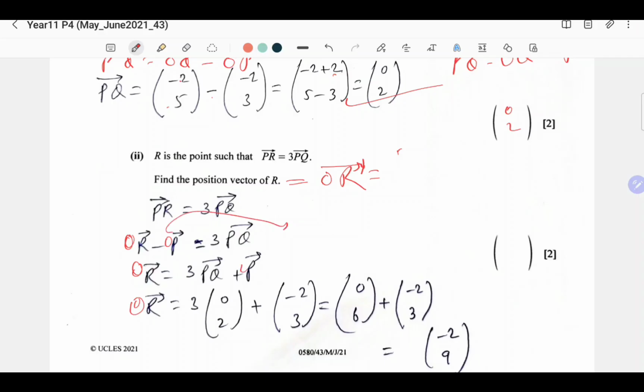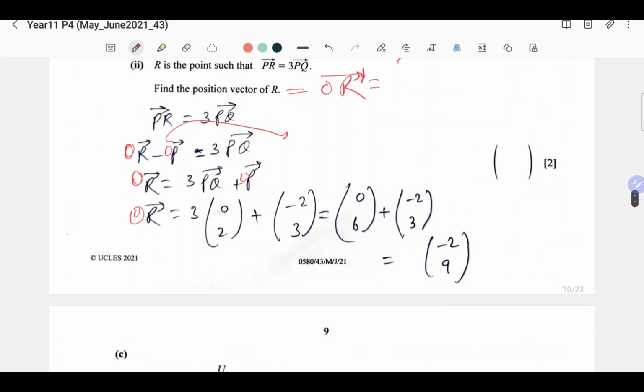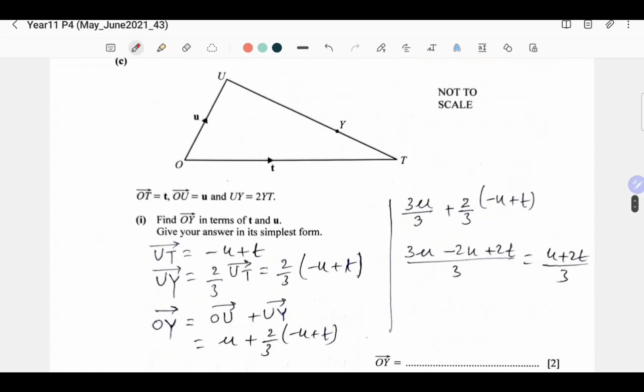OP you can take to that side, so OR equals 3PQ plus OP. Now 3PQ we already found, (0, 2) times 3, and OP means (minus 2, 3). 3 times 0 is 0, 3 times 2 is 6, 0 minus 2 is minus 2, 3 plus 6 is 9. Okay, very simple.